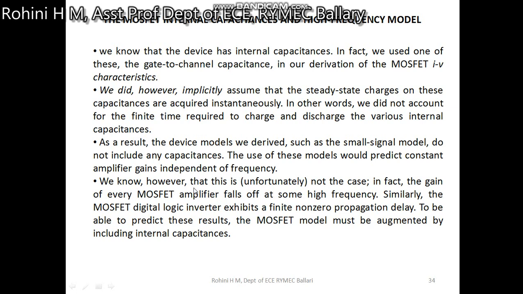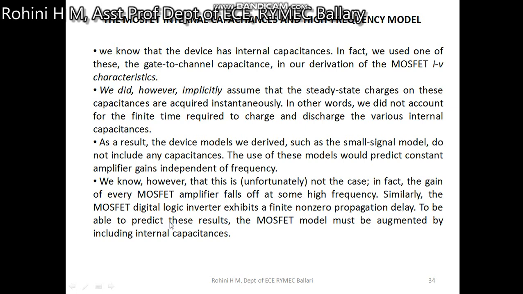We know, however, that this is not the case. In fact, the gain of every MOSFET amplifier falls off at some high frequency. Similarly, the MOSFET digital logic inverter exhibits a finite non-zero propagation delay.